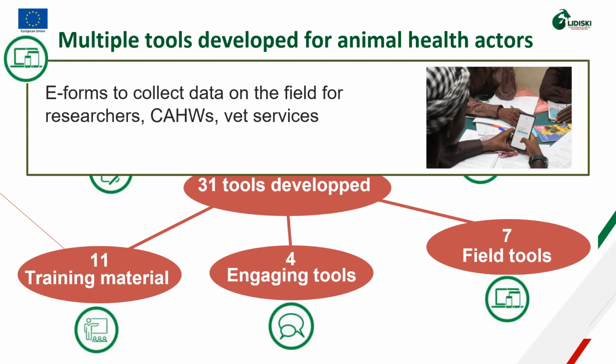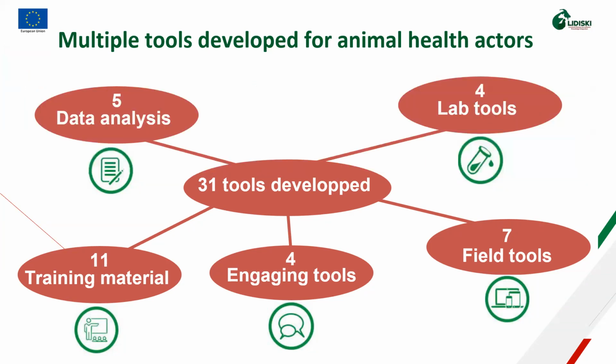Others are targeted to the communities, for the community animal health workers to report suspicion of diseases, and of course these forms will also be very useful for veterinary services. So quite a lot of material that at the end we plan to have accessible through a centralized system that we are going to present in the next slides.